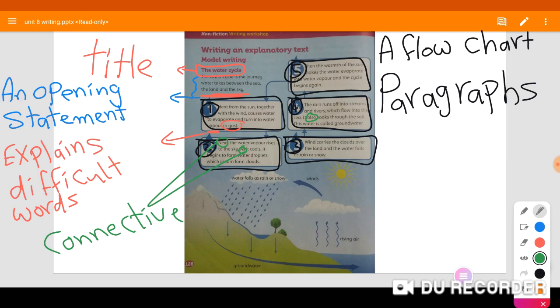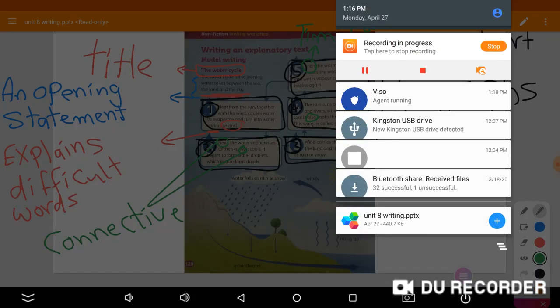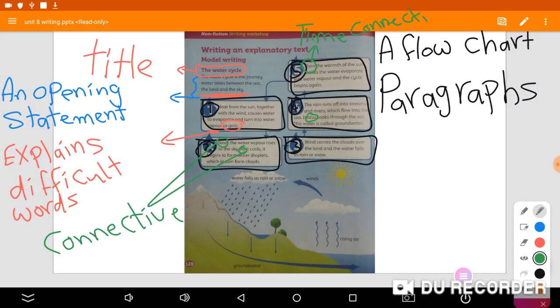Then the warmth of the sun makes the water evaporate into water vapor and the cycle begins again. What about then? Then as well is a time connective.